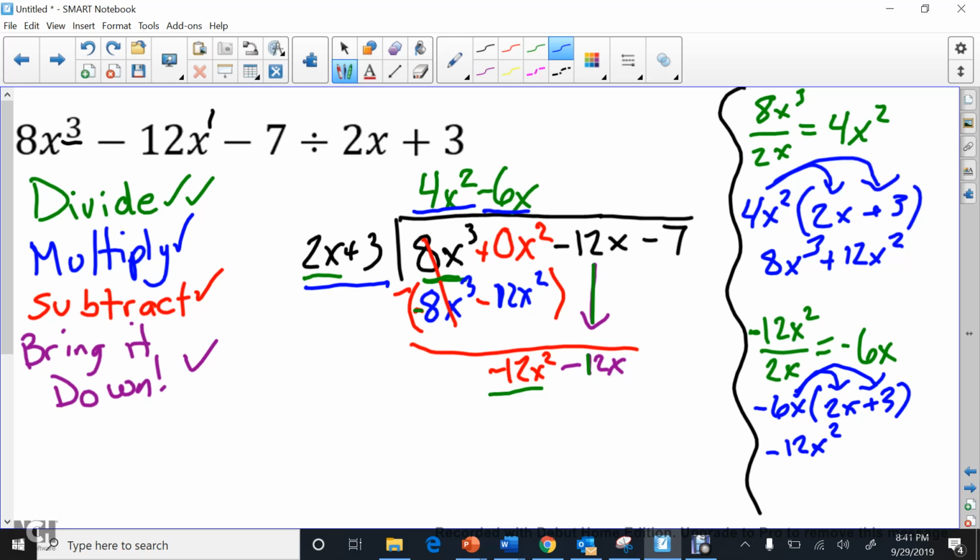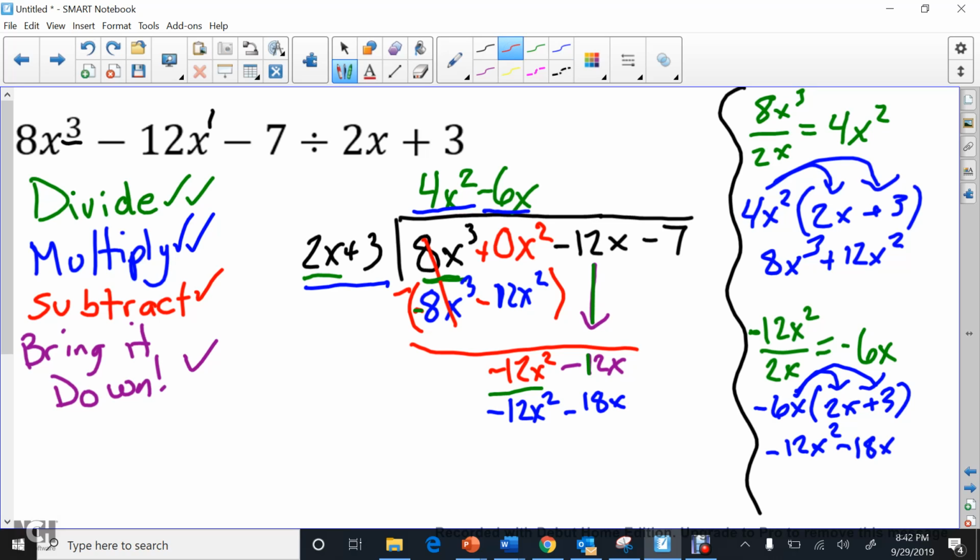I finished distributing to my first term. Negative 6x times a positive 3 is a negative 18. And again, I have no other x's, so this just becomes an x. I will write this underneath my previous answer.